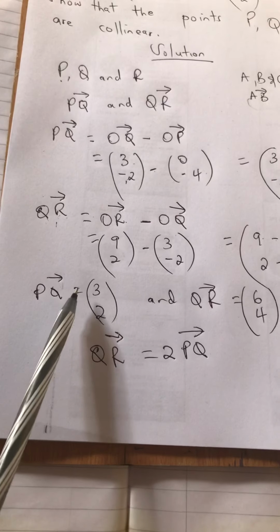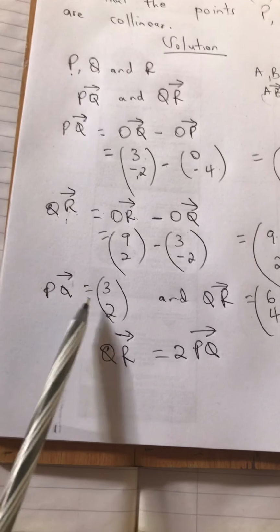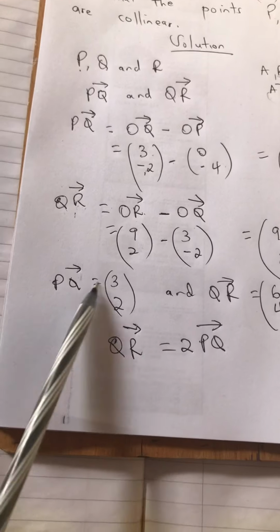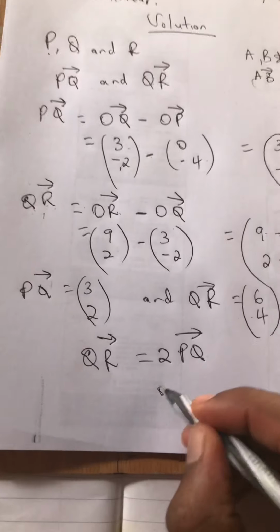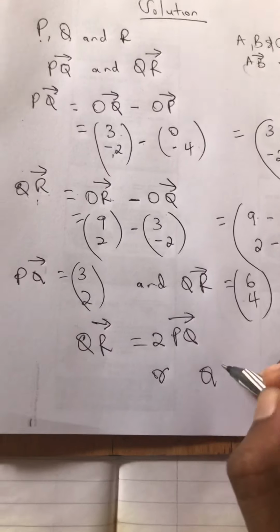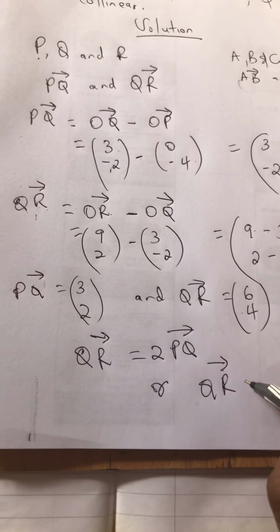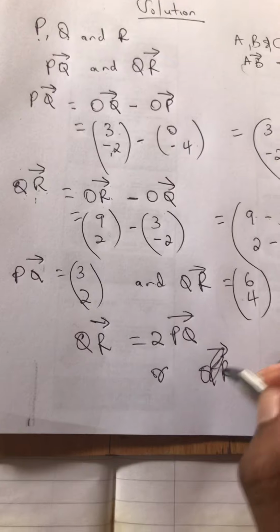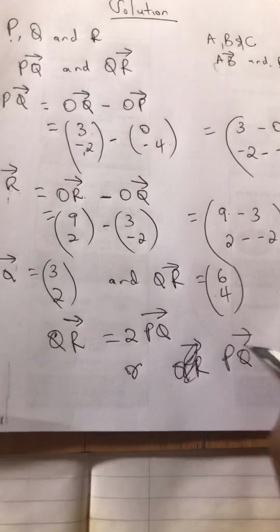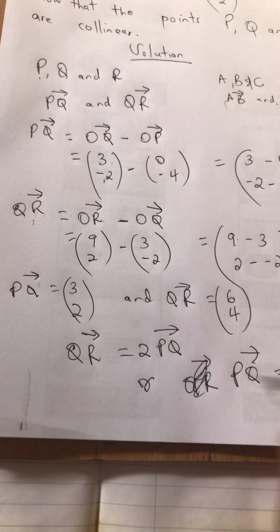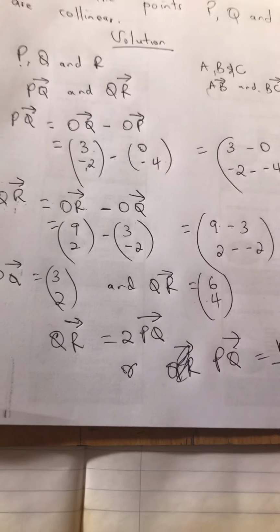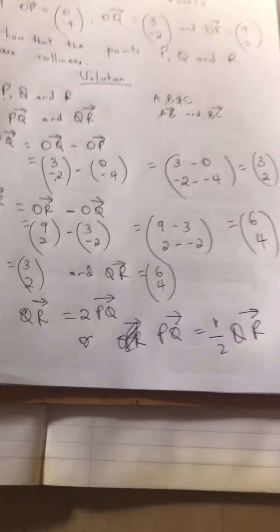Nikimultiply (3, 2), nikiweka 2 hapa nje, so itakuwa 2 times 3 which is 6, 2 times 2 which is 4. Alternatively, you can also say PQ is the same as a half of QR.